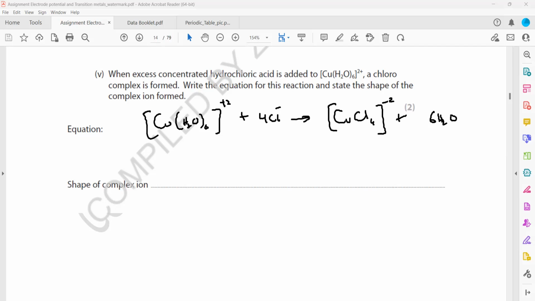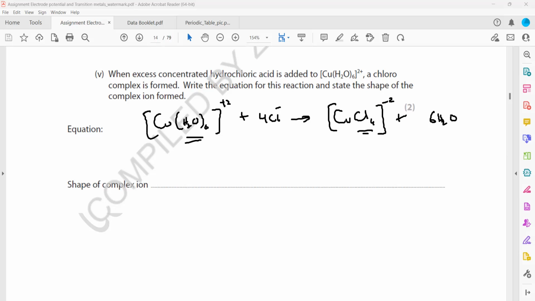This is the equation. And what is the reason why 6 waters can attach but only 4 chlorides? Because chloride ions are larger in size, as well as they have a charge on them, so they repel each other. That's why fewer chloride ions can attach to the complex as compared to a neutral ligand. And there are 4, so whenever 4 are there, it will be tetrahedral.